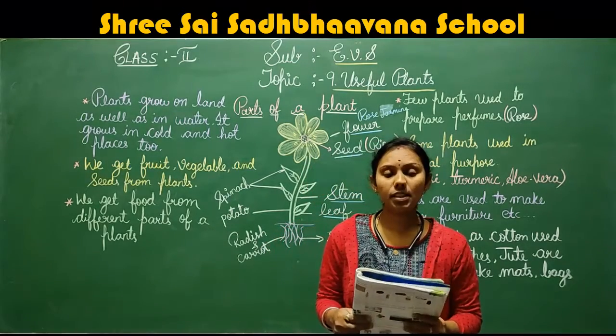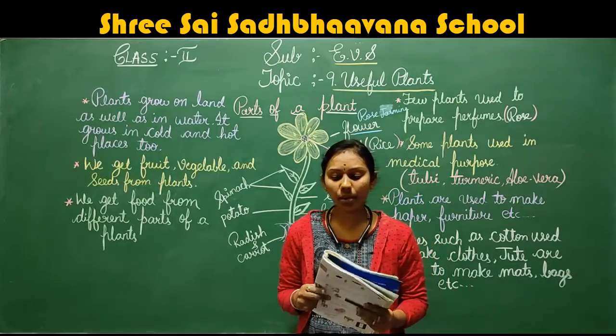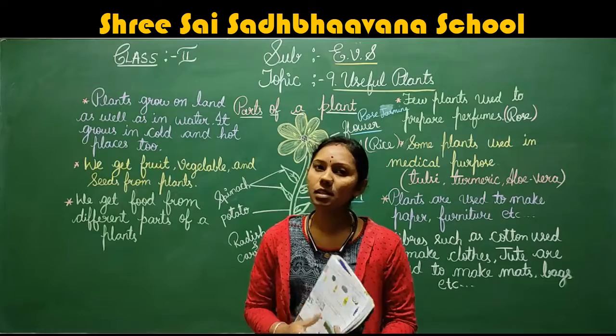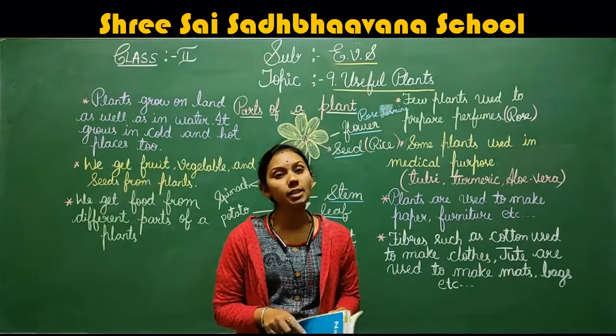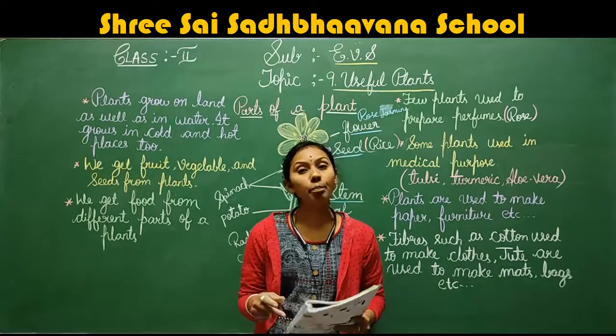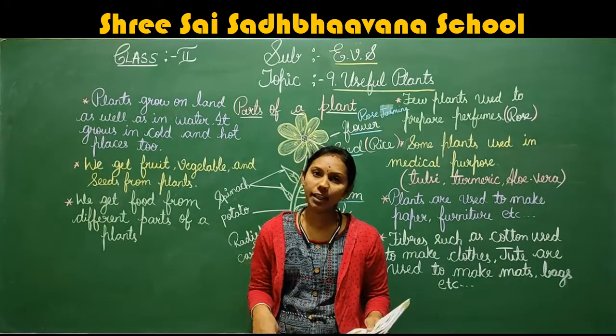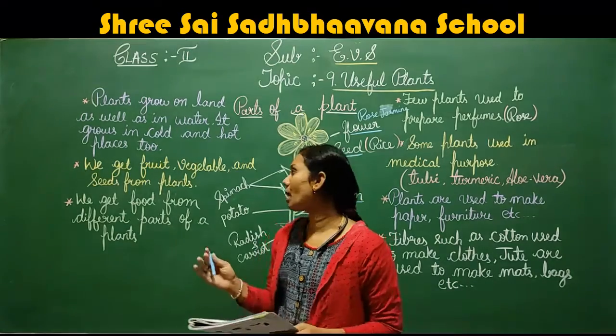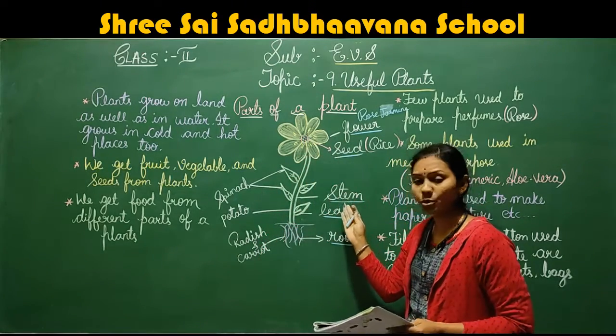Next, plants give us vegetables. We eat different parts of plants as vegetables. What does it mean? Plants are giving us vegetables also. From the different parts of the plants, we get different vegetables. What parts have I shown you here?